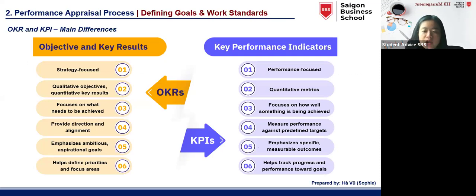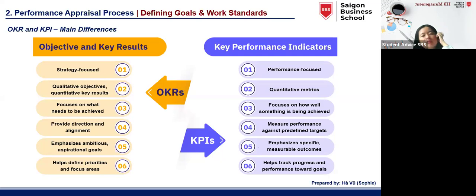In general, OKRs are used for setting and tracking ambitious, forward-looking goals tied to strategy. The KPIs focus on measuring ongoing performance with a more quantitative, past or present view.